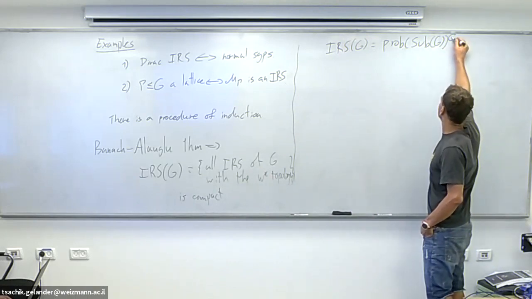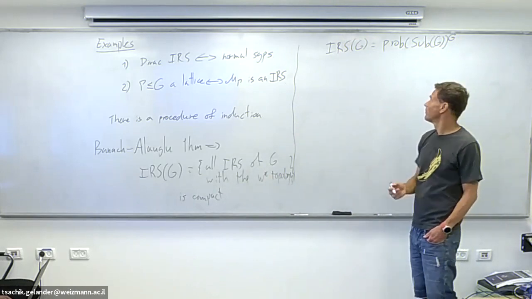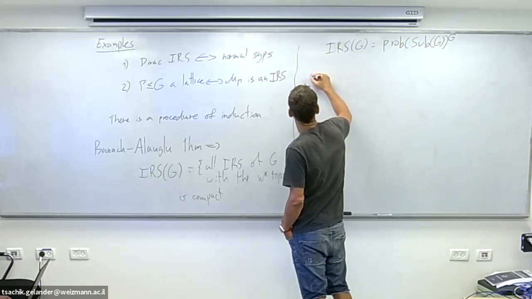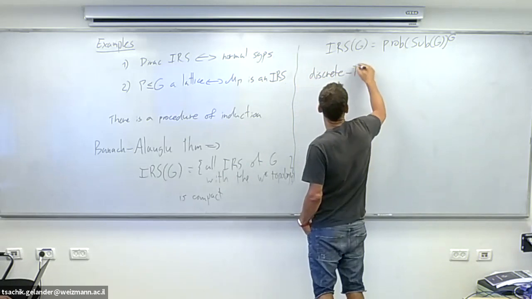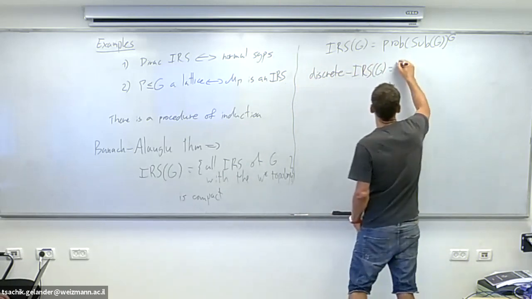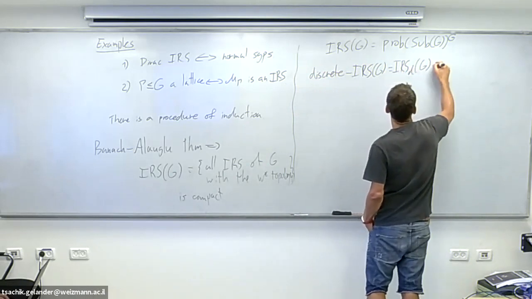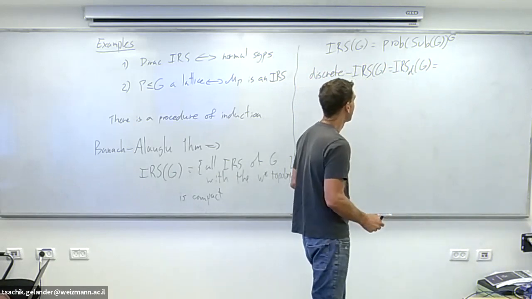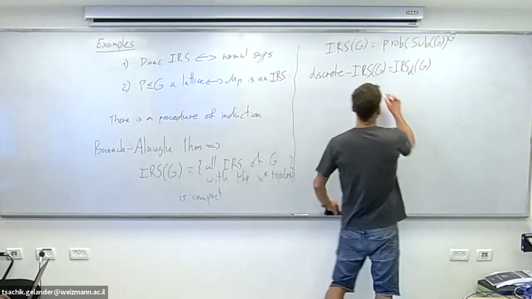The G exponent here tells you that I consider only G-invariant measures. But now I want to consider discrete IRS. Let's denote it by IRS D.